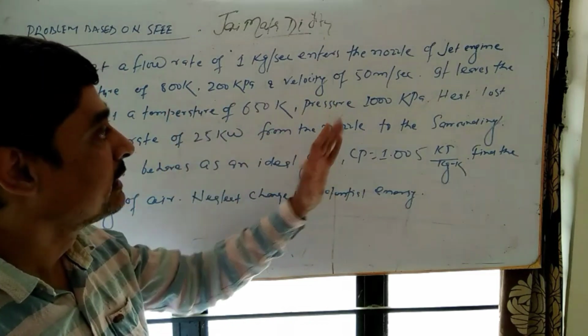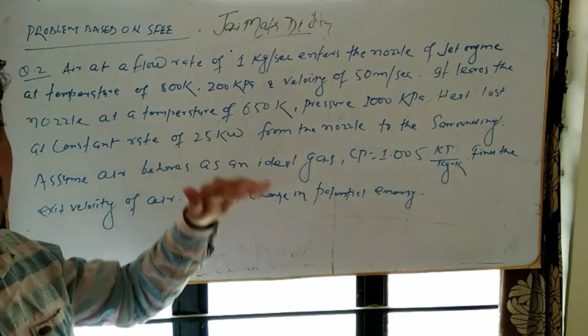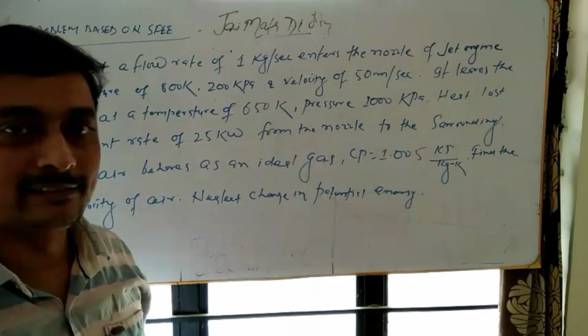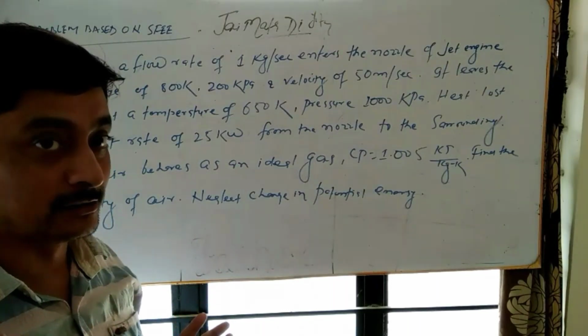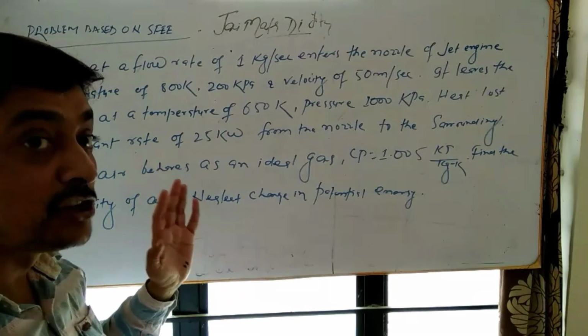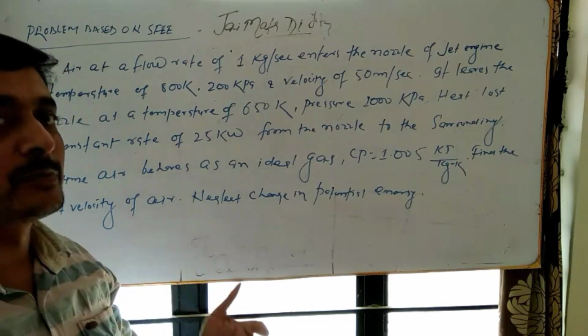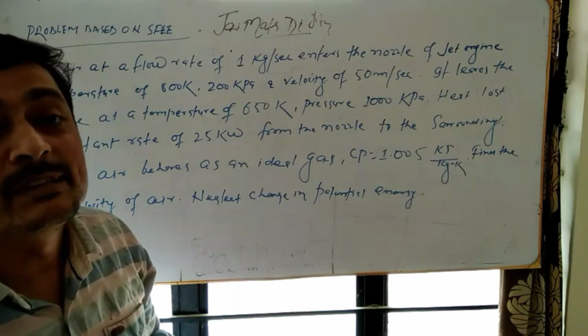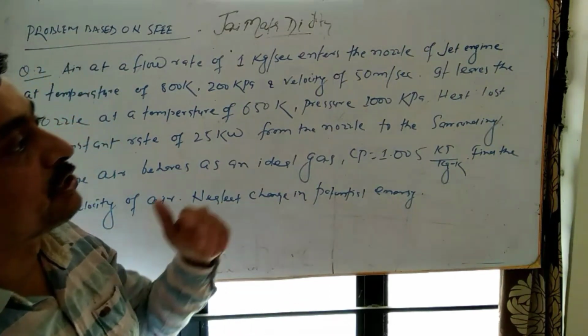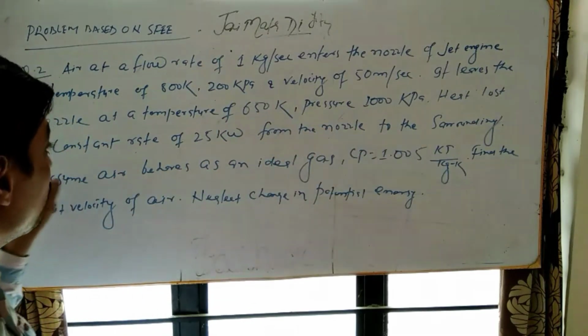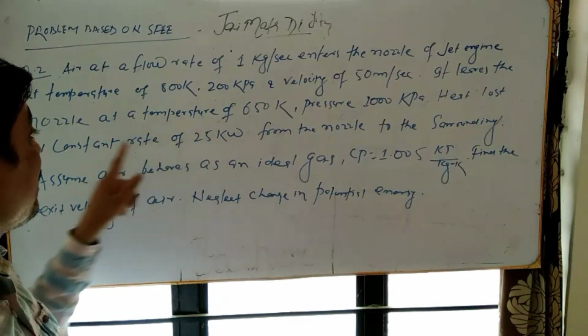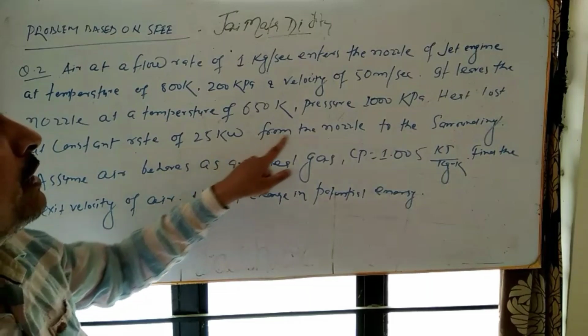That means from the nozzle, 25 kilowatt of heat is lost to the surrounding. That means the nozzle is not insulated. Be careful. There is heat transfer between system and surrounding. What is my system? System is our nozzle and surrounding is atmosphere. That means this nozzle rejects heat at a constant rate of 25 kilowatt to the surrounding.